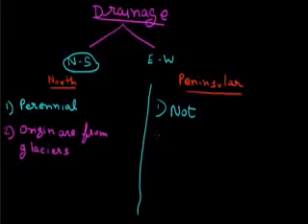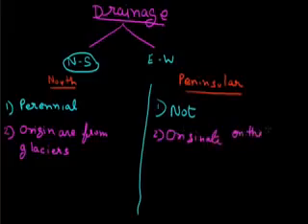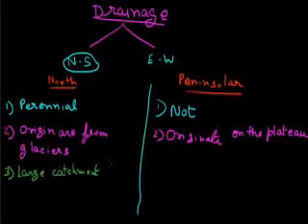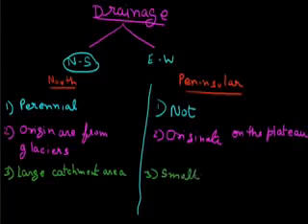That's why they are all perennial rivers, while the peninsular rivers all originate on the southern plateau. The Himalayan rivers have a very large catchment area, while the peninsular rivers have a very small catchment area.